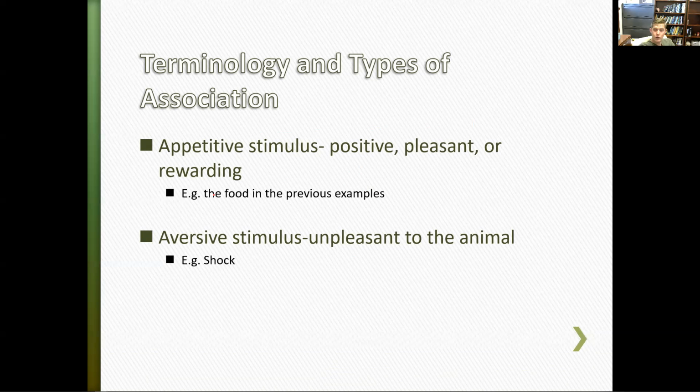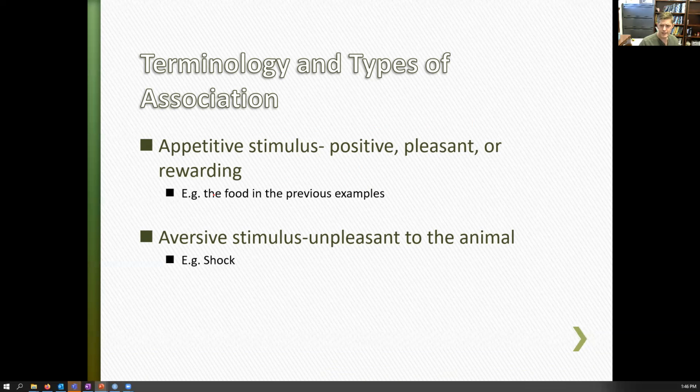So things like food would be appetitive conditioning or appetitive stimuli. And then things that an animal would like to avoid, we would call aversive stimuli. So things like shock, bad odors, other types of physical injury, things like that. This is aversive conditioning. So you can have aversive conditioning and appetitive conditioning. Instead of saying good or bad, the technical terminology would be appetitive versus aversive.